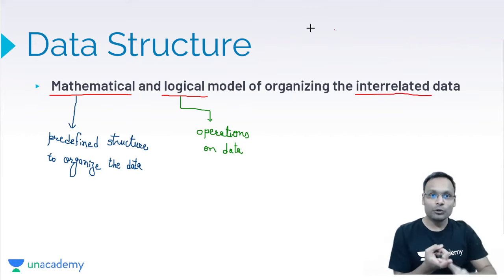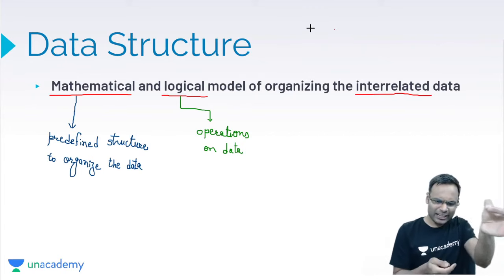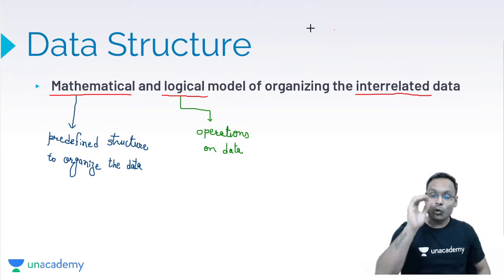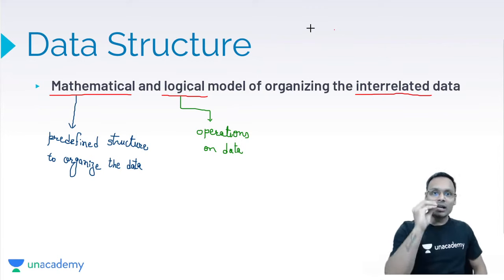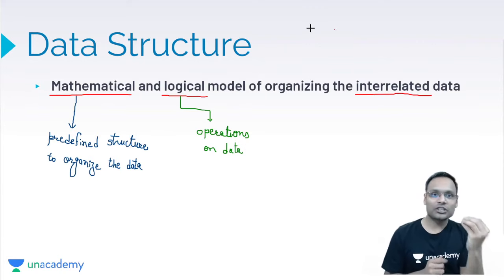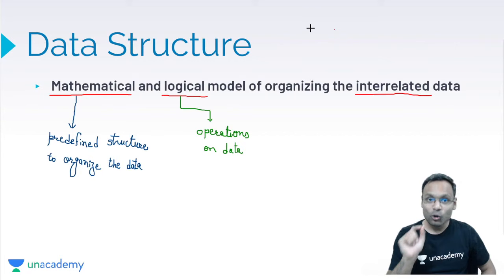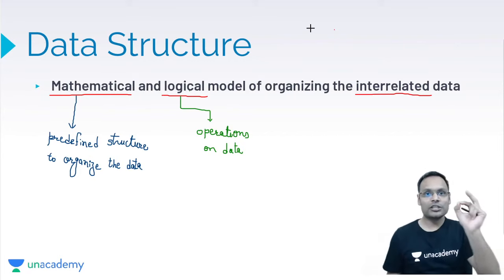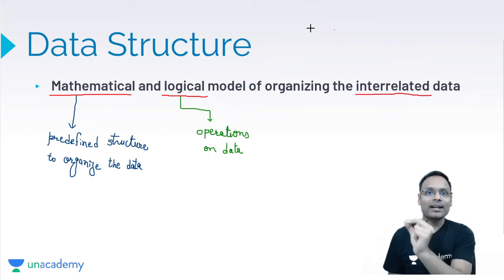It should give you the result in very less time, minimal time. So if you are solving an algorithmic or computational problem by writing an algorithm, you need to select a data structure which is best suited for that algorithm.